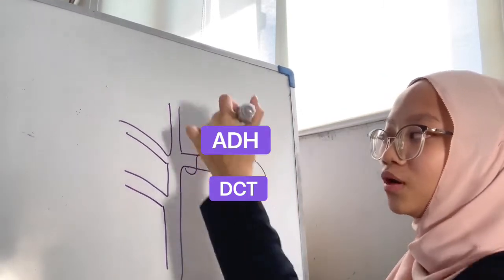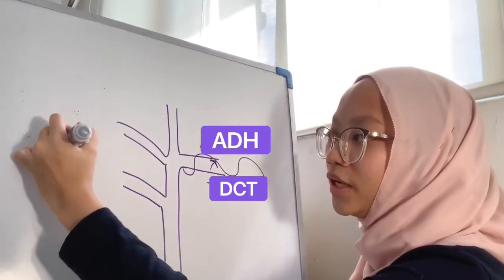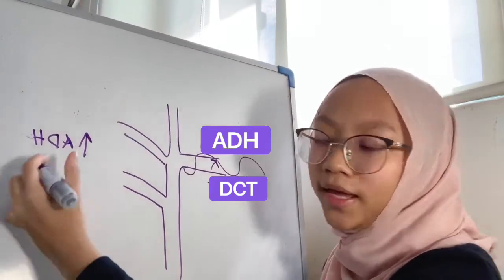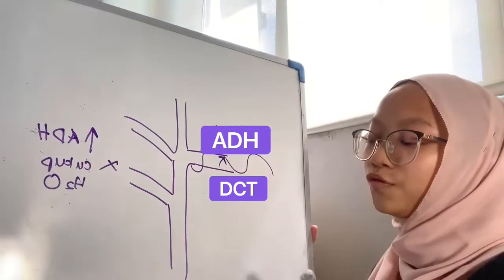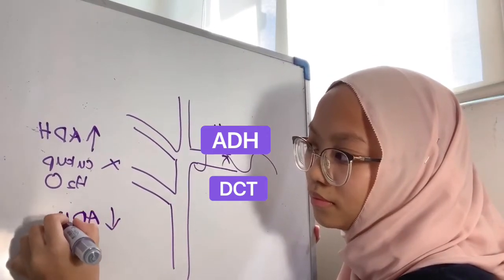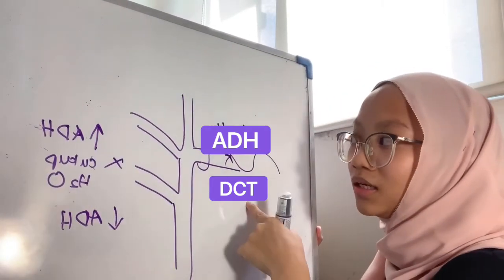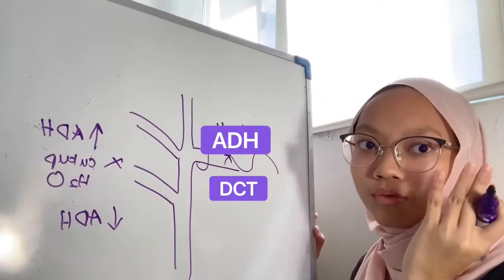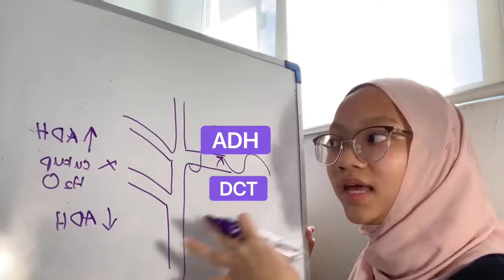So we have more ADH means tak cukup air. So if we have less ADH, that means kan ADH anti-diuretic hormone, tak suka air keluar. So if we have less, air senang keluar.